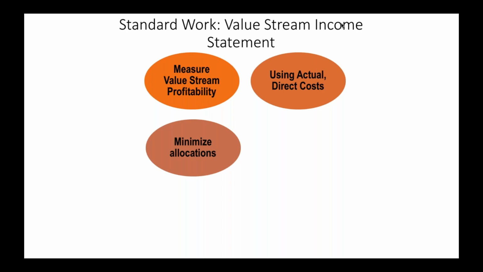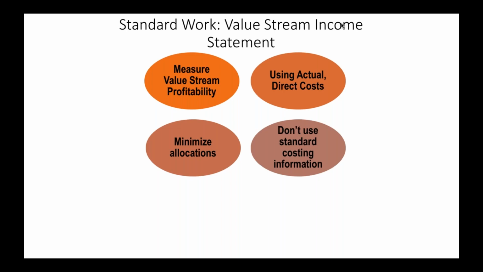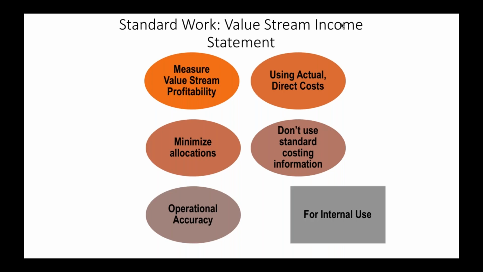In reality, the goal is to try to minimize allocations of costs. Value stream income statements do not use standard costing information. We want to use actual cost information. We are seeking operational accuracy for internal use. So I just want to pause here and elaborate a little bit. And I'm going to talk some financial accounting to everyone.